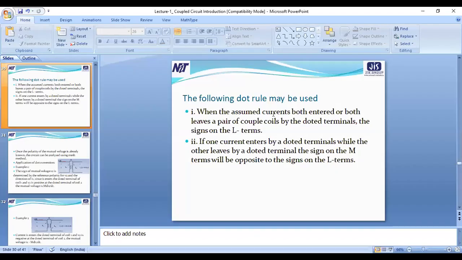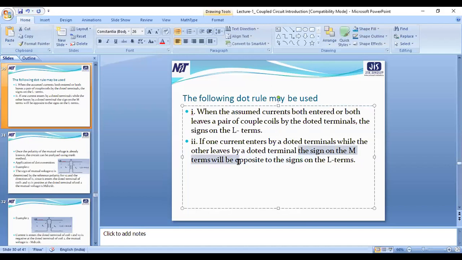When the assumed currents both enter or both leave the pair of coupled coils by the dotted terminals, the sign on the M term is the same as the sign on the L terms.